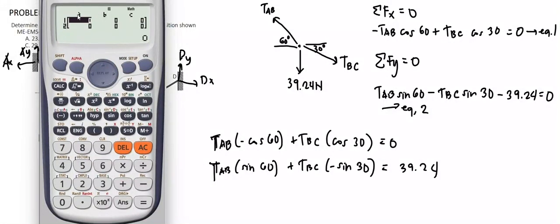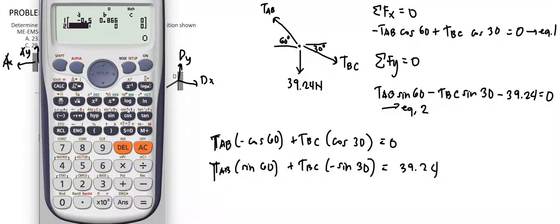Now for our first variable A, that represents tension AB, and for the second variable B, that represents our tension BC, and for the last variable C, that represents our constant on the right side of the equation. Now tension AB has a coefficient of negative cosine 60 degrees, and tension BC has cosine 30 degrees with a constant of 0.